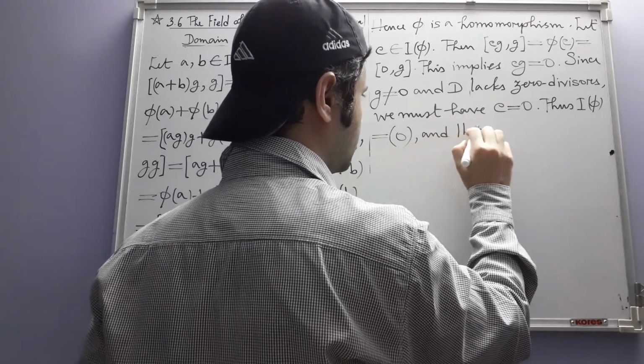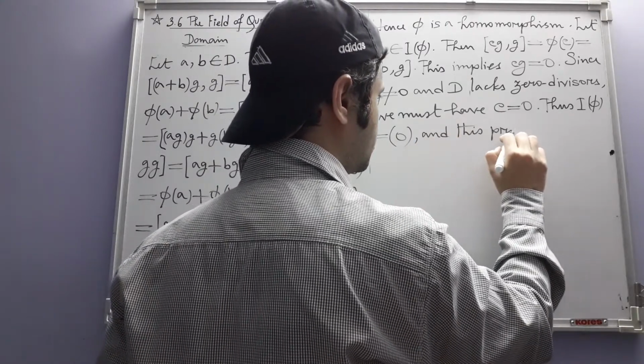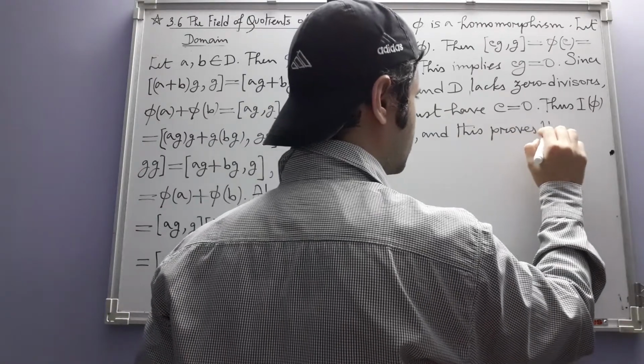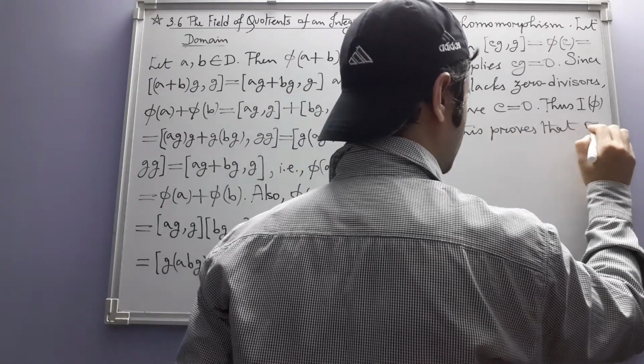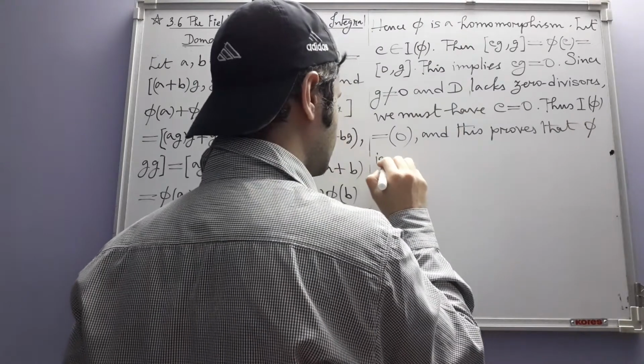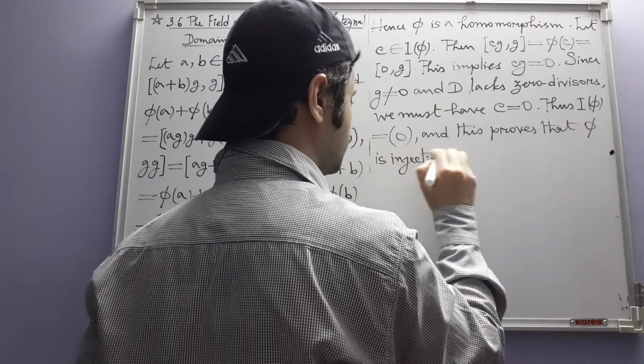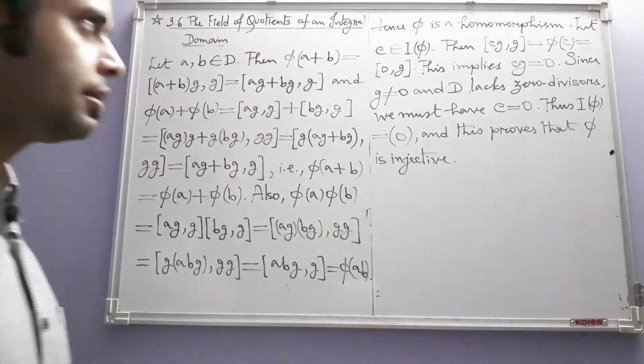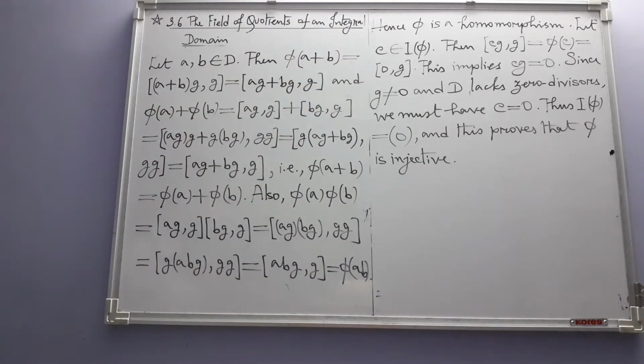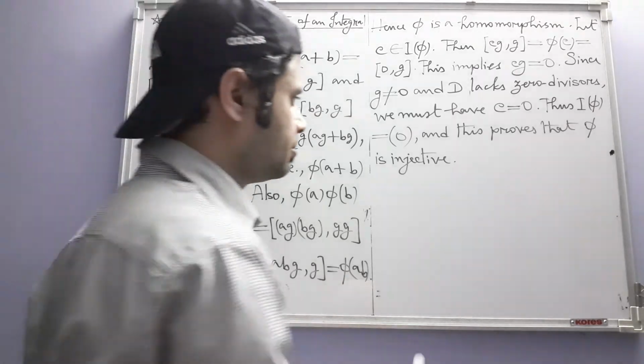and this proves that phi is injective. So it's an injective homomorphism or an isomorphism. So it's an embedding.